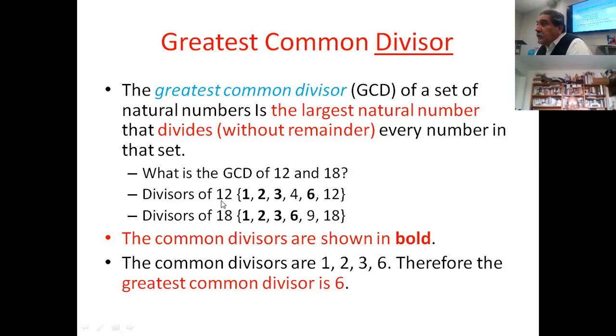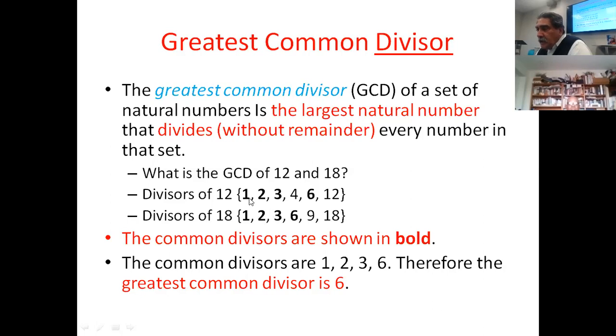What is the largest number that both 12 and 18 can be divided by? Well, you find the divisors. 12 can be divided by 1, 2, 3, 4, 6, and 12. 18 can be divided by 1, 2, 3, 6, 9, and 18. When you divide them, there is no remainder. Now, we want the common divisors and the greatest common divisor.